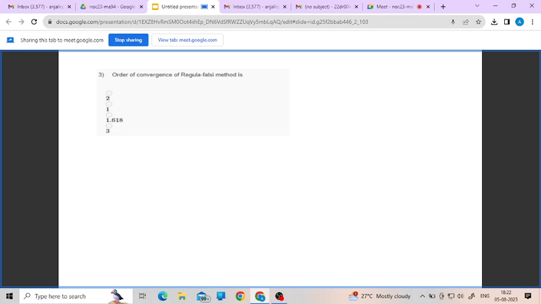So in regula falsi method, by substituting xk equals xi plus epsilon k, xk plus 1 equals xi plus epsilon k plus 1, and x naught equals xi plus epsilon naught, by substituting these values, you will get the order of convergence. Fine. So let's move to the next question.